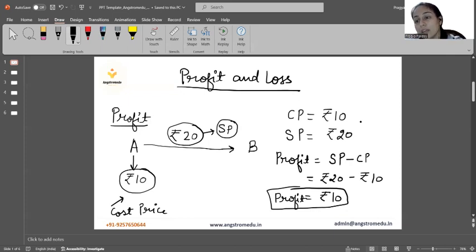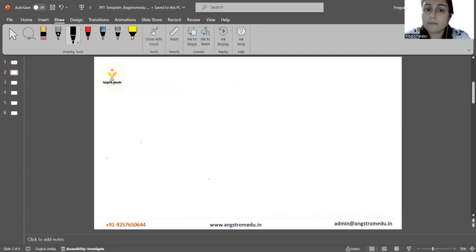What if he sells it at a lower price? Let's take an example. Now, if we want to reverse the thing, we take the same example, but this time the cost of the pen is the same for A, that is 10 rupees.